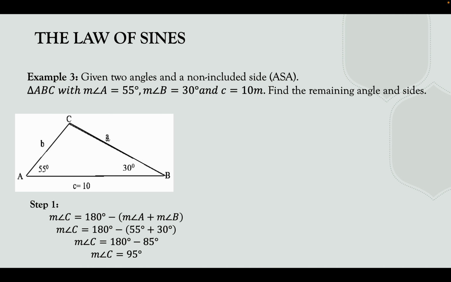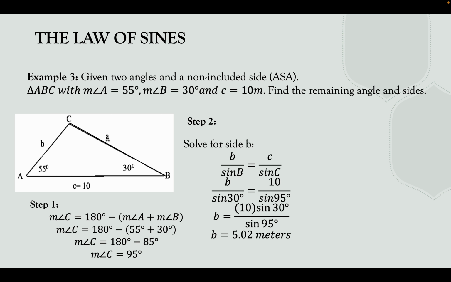Next, step number 2, find the remaining two sides by using the law of sines. Since side A and side B are missing, let's start with finding side B. So we have B over sine B equals C over sine C. Substitute: B over sine 30 degrees equals 10 over sine 95 degrees.